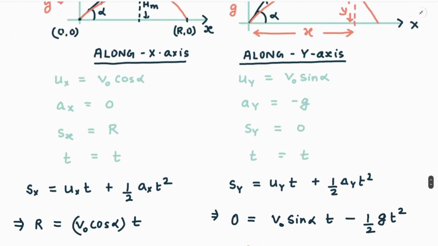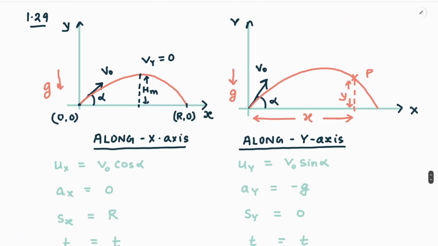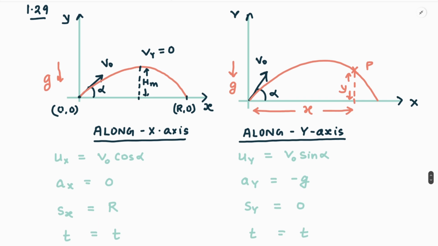So for this, let us come back to the diagram which we have constructed earlier: at a certain instant of time t, the particle will undergo a displacement x in the x-axis direction, and in the same duration of time it will have a certain displacement y in the y-axis direction.